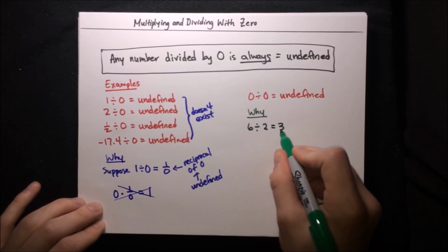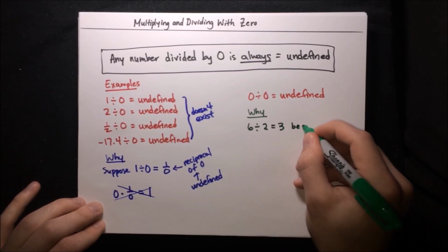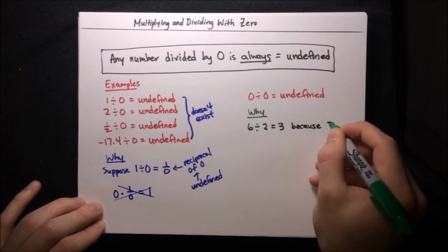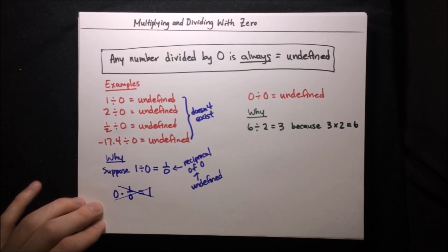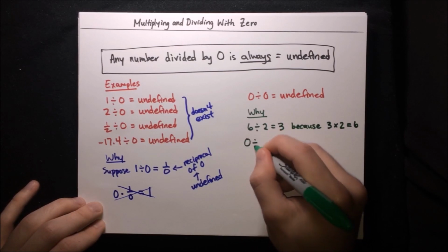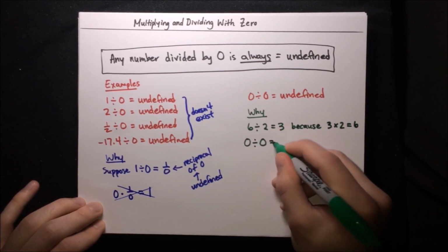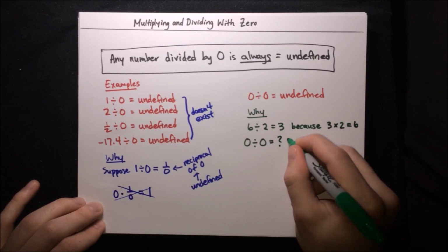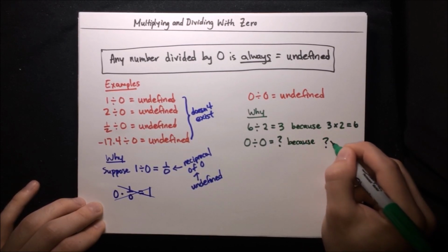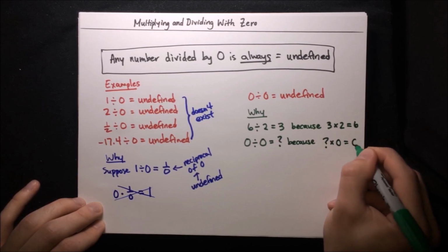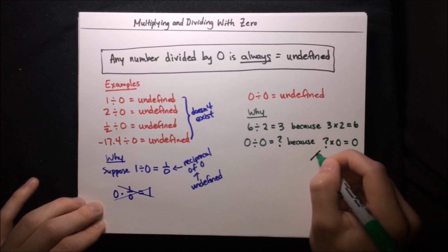Why is 6 divided by 2 equal to 3? Well, that's because 3 times 2 equals 6. So if we have 0 divided by 0 equal to some number, we would need that to be because that number times 0 is equal to 0. But this could really be any number.